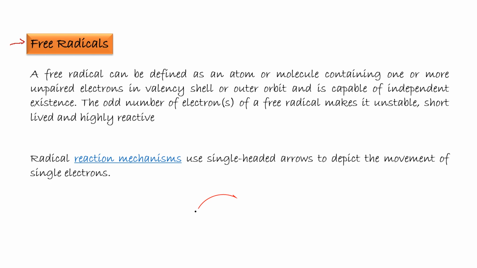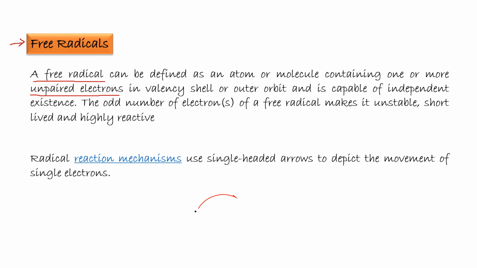In free radical reactions, a free radical can be defined as an atom or molecule containing one or more unpaired electrons in valence shell or outer orbit and is capable of independent existence. The odd electrons of free radical make it unstable, short-lived, and highly reactive.